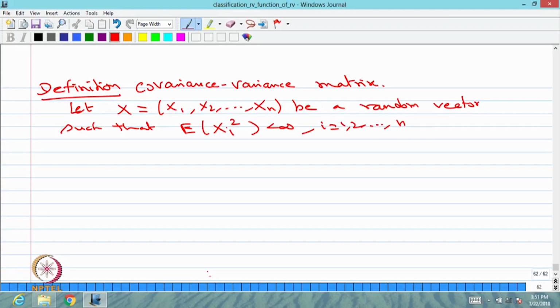As long as the second order moments exist, one can go for defining a covariance variance matrix.